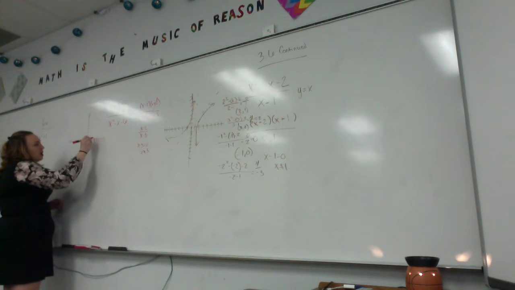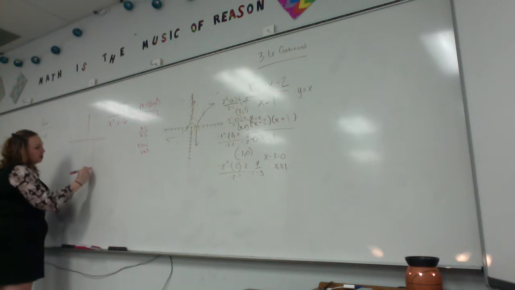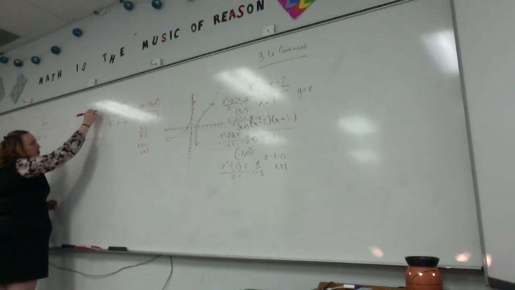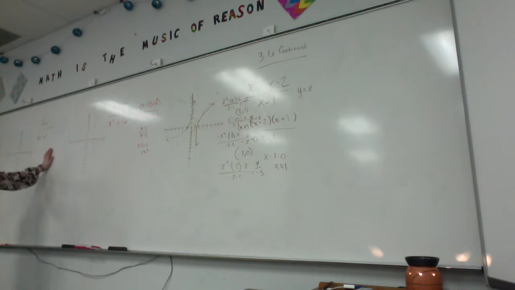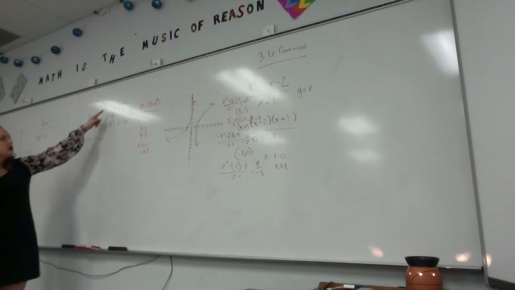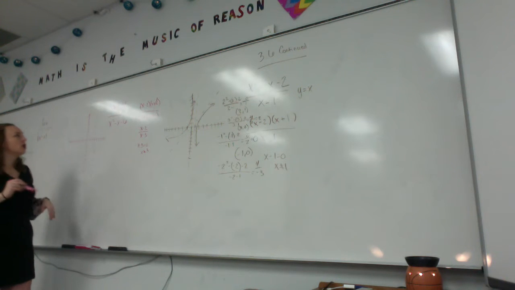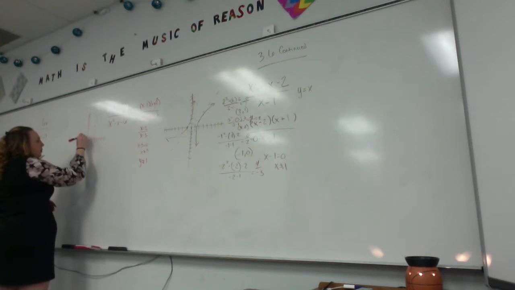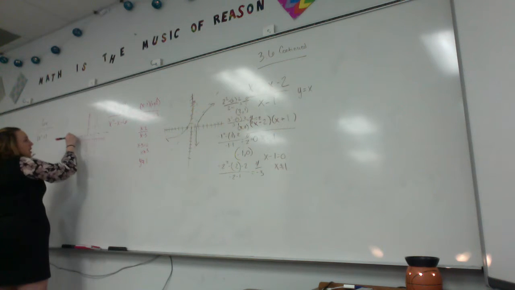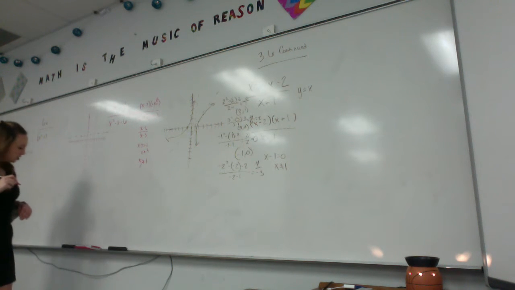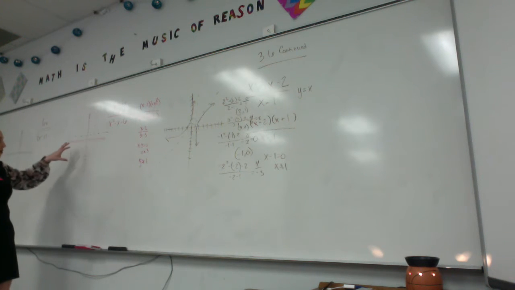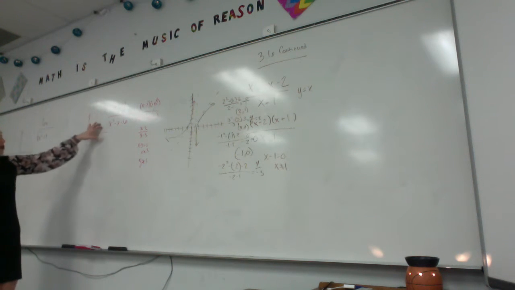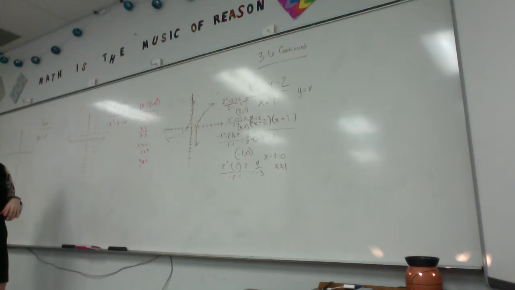So at 3, I have a vertical asymptote. The top, the squares are the same, so I find my horizontal asymptote by taking the leading coefficients. So y cannot equal 1. And this graph doesn't change, so I'm going to have something in this quadrant and something in this quadrant. Now we plug in numbers.